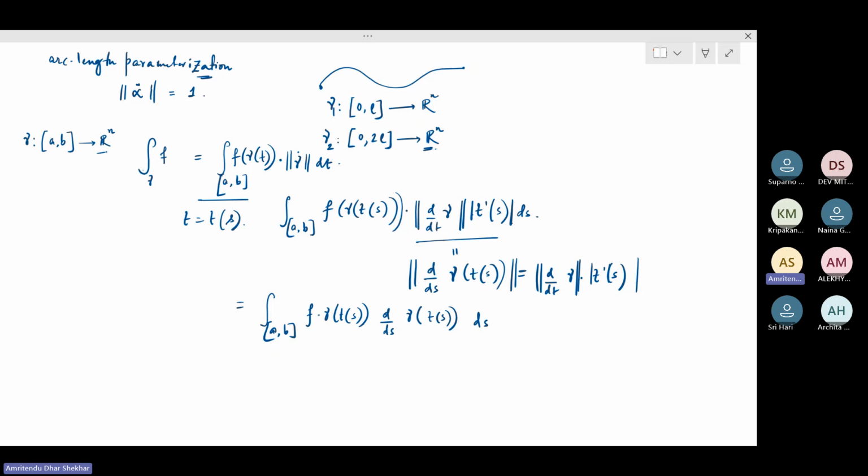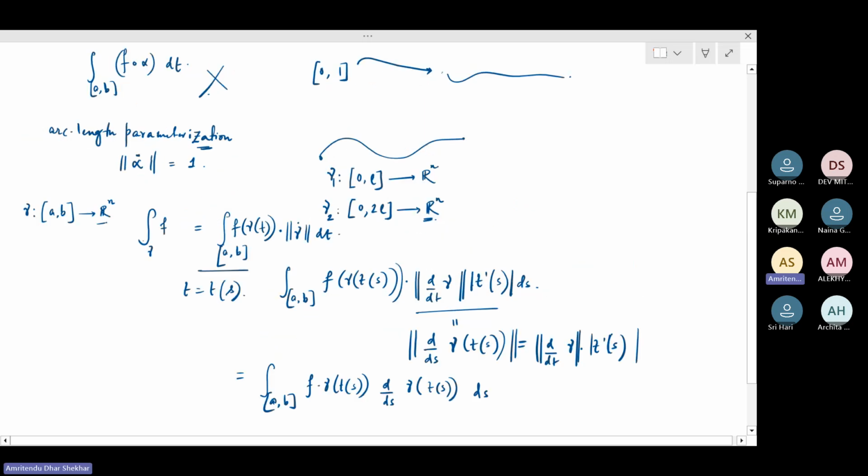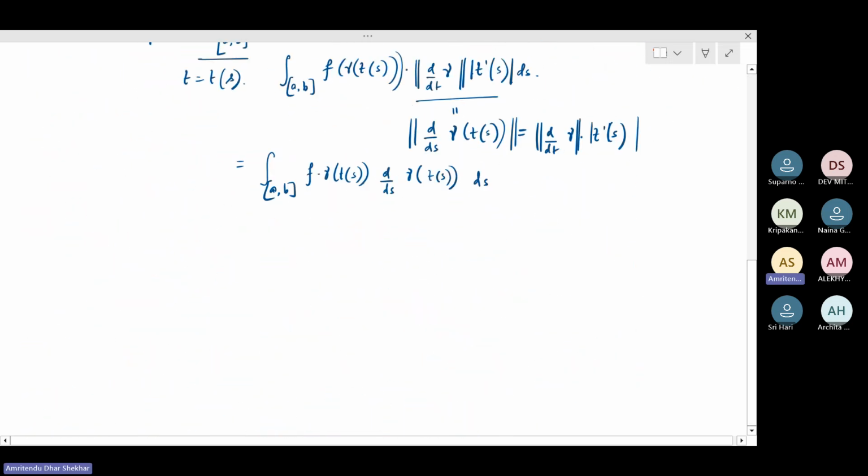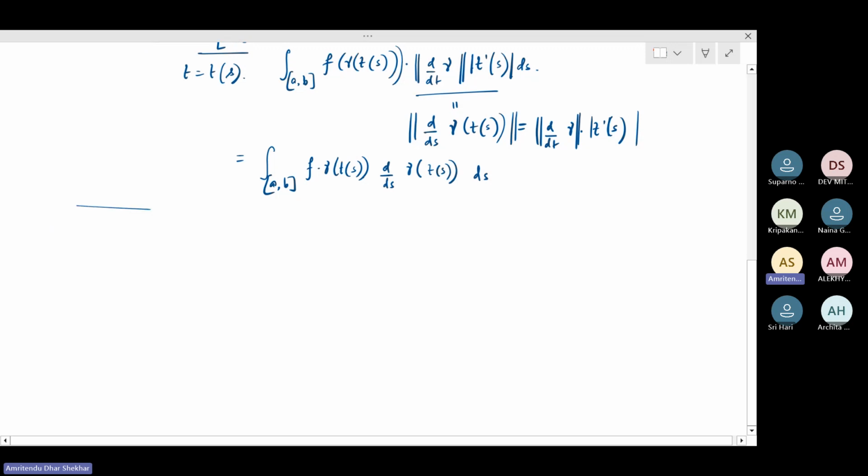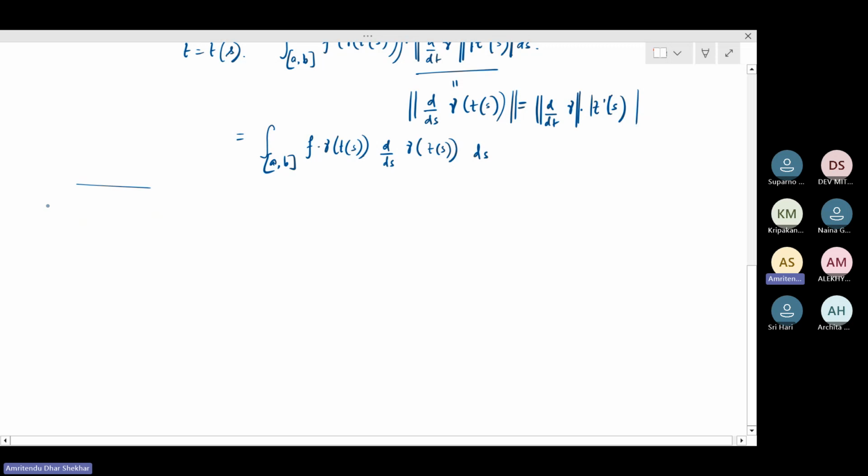Okay. So let us solve one problem which is related to this. This is the notion of work done against a force. This is already something you would have seen in physics, which is work done by a force.